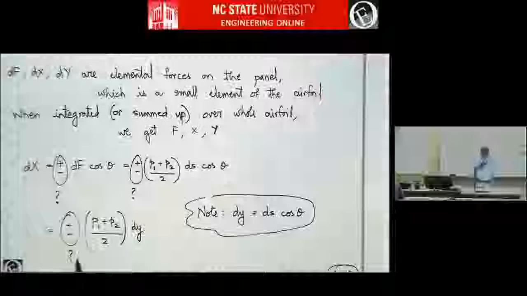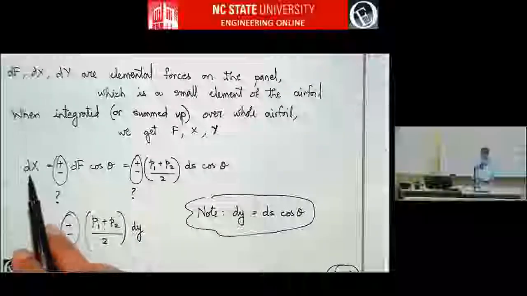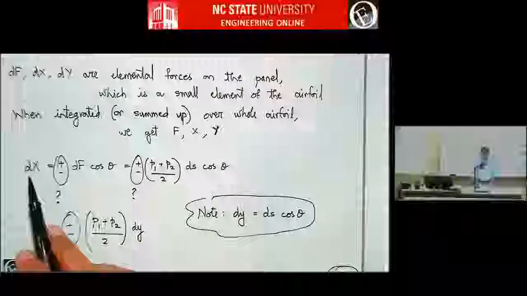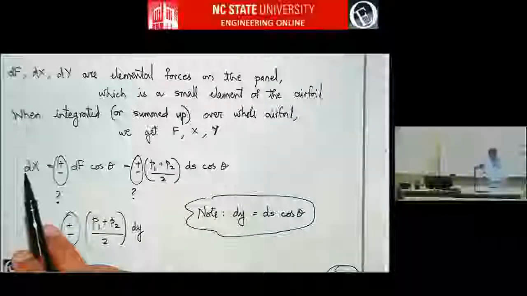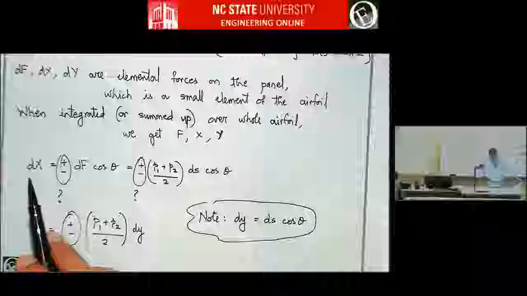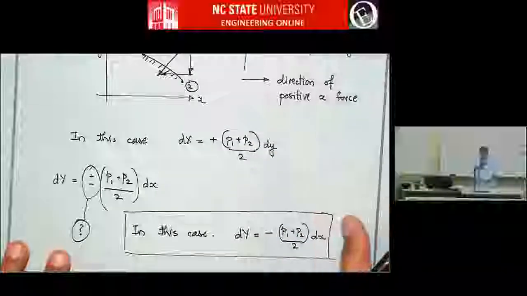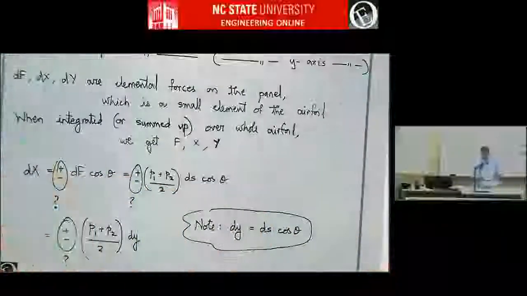So we got the expressions for the dx for the panel that we were looking at. This is a panel that faces up and aft. So upper surface, aft facing panel.